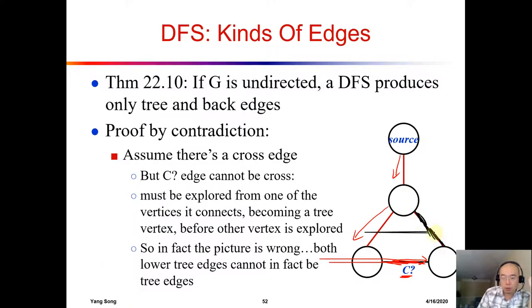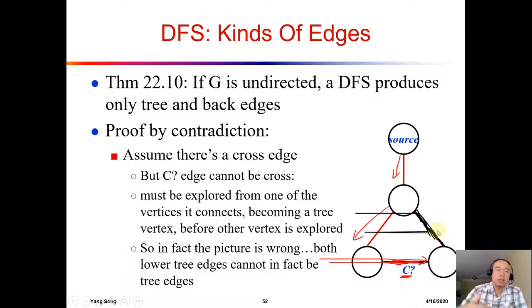It has to be a black edge. The argument doesn't hold because, if we are running a depth first search, this edge has to be part of the tree edges, so it won't be a cross edge. And for this one, this is a back edge, and there's no argument. It's not a cross edge, it's not a forward edge. It has to be a back edge.